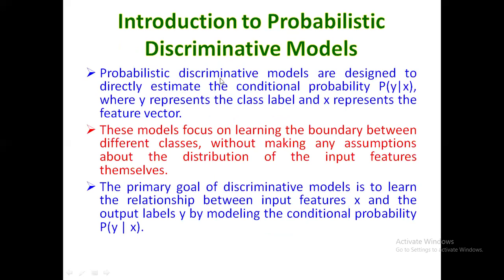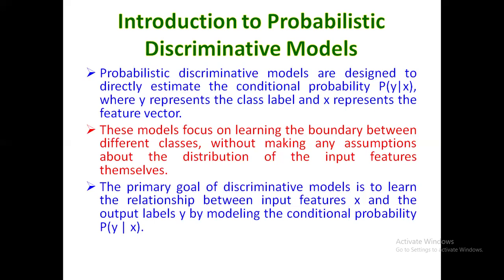We'll see the definition. Probabilistic discriminative models are designed to directly estimate the conditional probability, that is, P of y given x, where y represents the class label and x represents the feature vector.